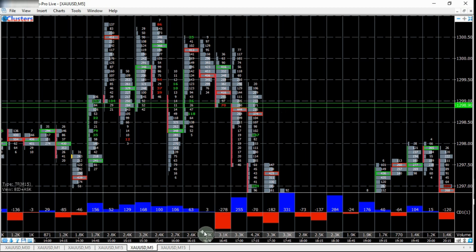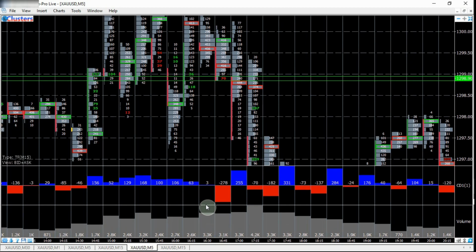And what's more of the point is that if you would have looked through here, all these volumes before it fell off were pretty much all the same: 2.8 thousand, 2.4 thousand, 3.2, 2.4, 2.7, 2.6, 3.3, and 3.1.